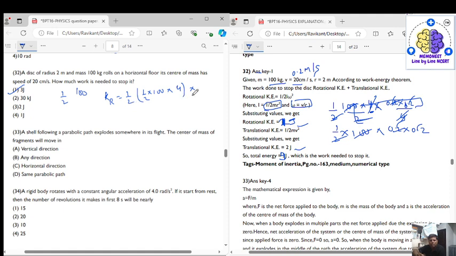Half I omega square. Now omega square will be equal to 0.2 into 0.2 upon 4, right? Solving this, you will get 1 joule. So rotational kinetic energy is equal to 1 joule and translatory kinetic energy is equal to 2 joules. So total energy is equal to 3 joules. So the correct answer for question number 32 is option 1, that is 3 joule, right?